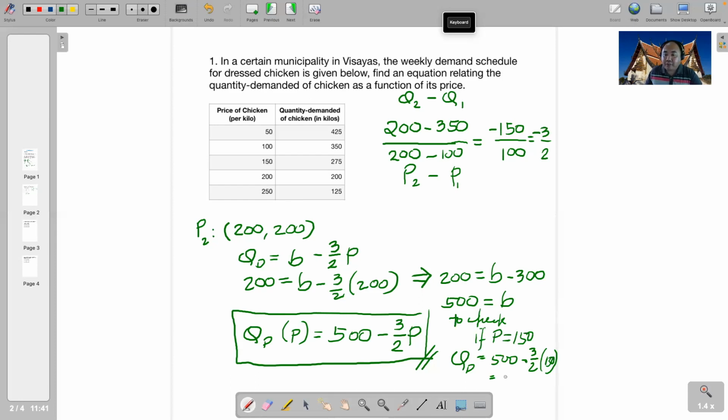So 500 minus 225, that's going to give you 275. So when P is 150, the quantity demanded is 275. So it seems that our demand model is correct. Okay, let's proceed to another example.